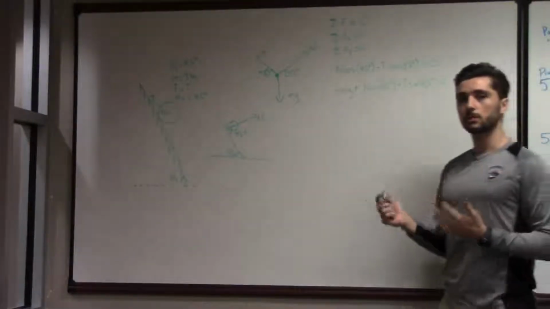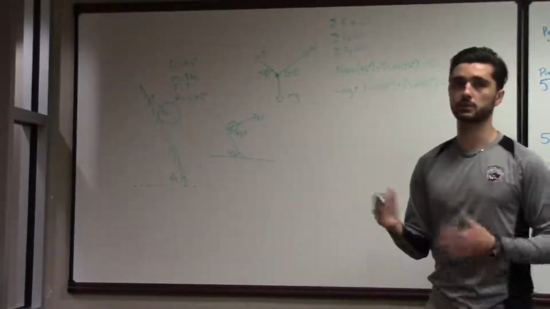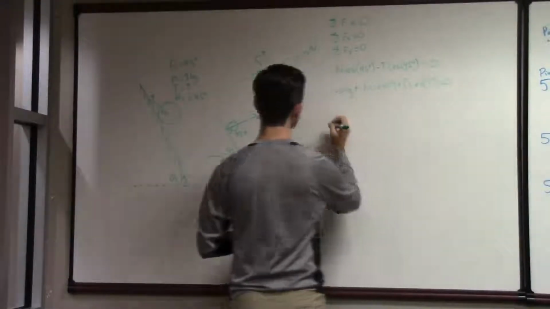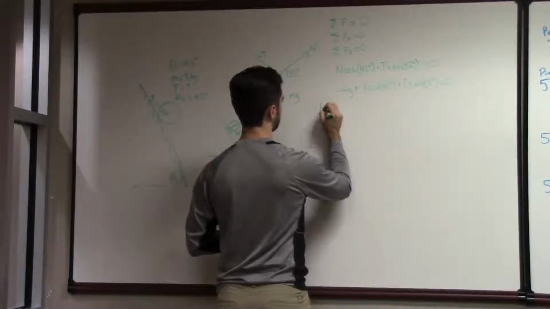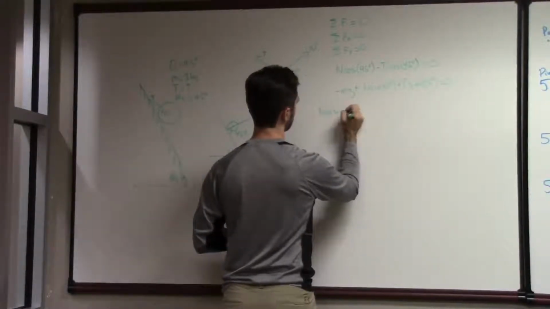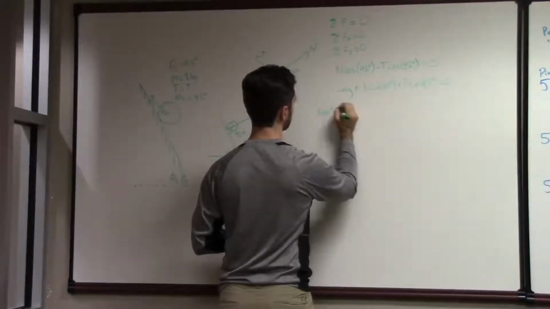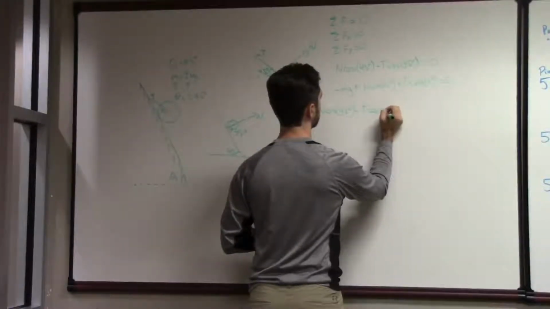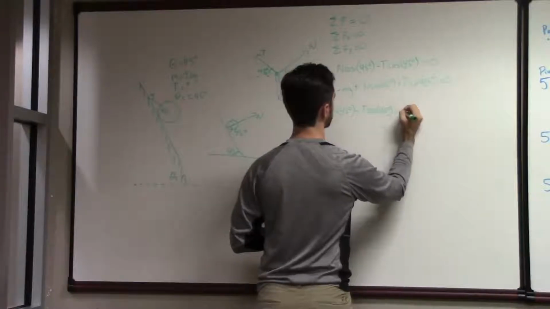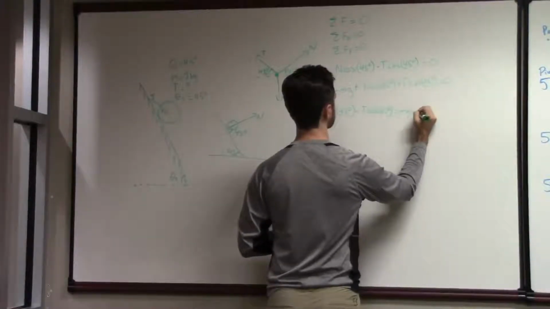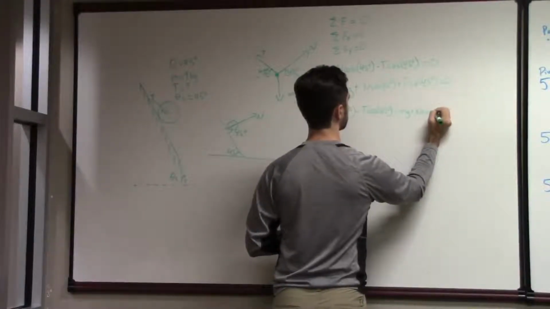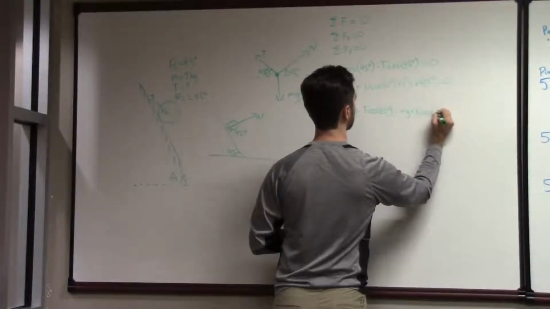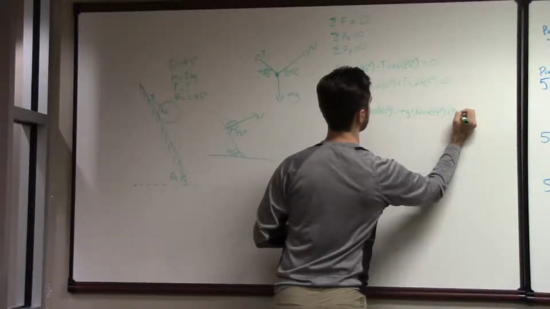Okay, now that these are both equal to 0, we can set them equal to each other and try to solve for T. So we will have N cosine 45 degrees minus T cosine 45 degrees equals negative mg plus N sine 45 degrees plus T sine 45 degrees.